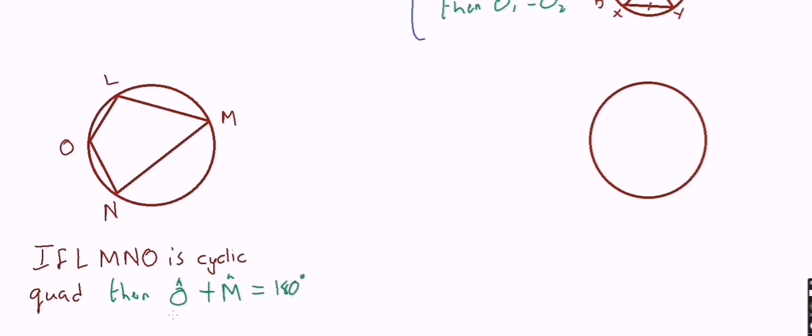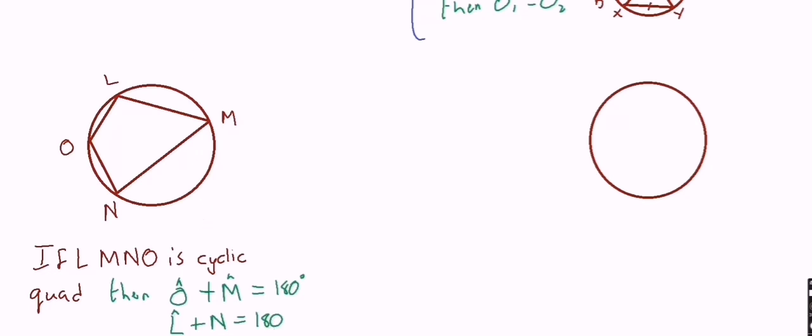And L plus N is also equal to 180. Because what is this? It's the opposite angles of a cyclic quad are supplementary. So the sum of the opposite angles will be equal to 180.